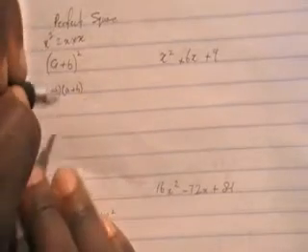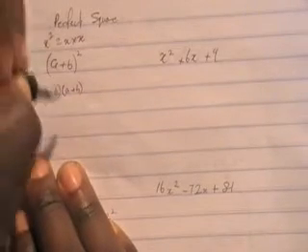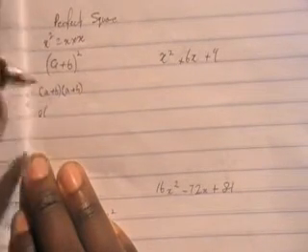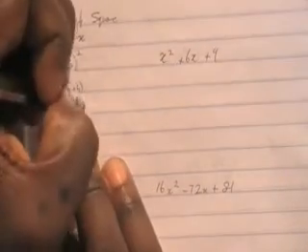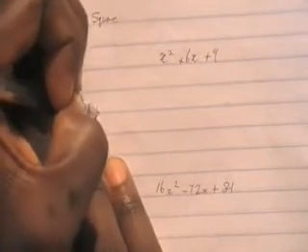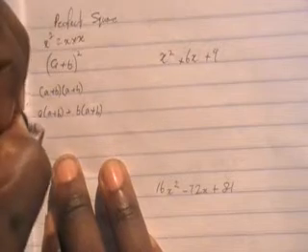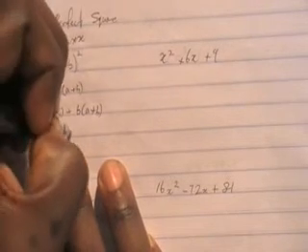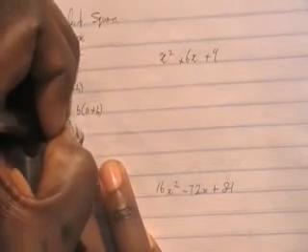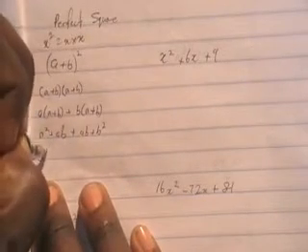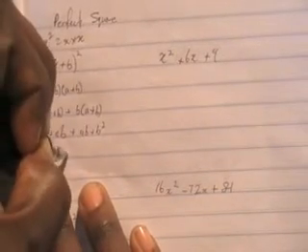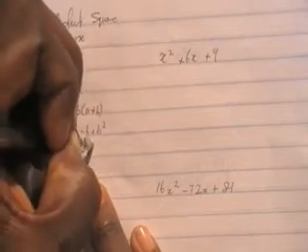So let's expand it and see what happens. So this becomes (a plus b) times (a plus b), and this becomes a squared plus ab, plus ab plus b squared, and eventually this becomes a squared plus 2ab plus b squared.